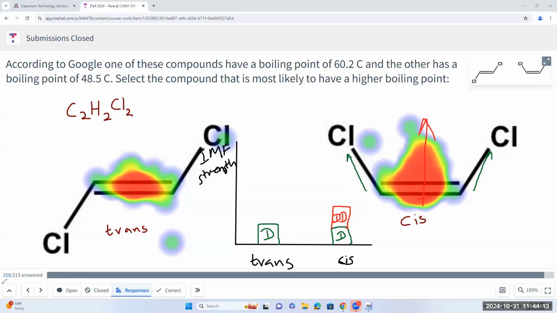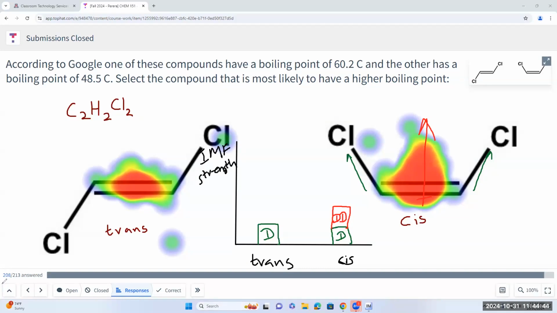The trans is non-polar because the bond dipole moments cancel each other out, so the net dipole moment is 0. For cis, there's a net dipole moment going towards the direction of chlorine. Therefore, it's a polar molecule. Polar molecules have dipole-dipole forces on top of dispersion forces. That's why overall you can have stronger intermolecular forces in cis, therefore higher boiling point, melting point, density, viscosity, and so forth. Thank you, wonderful.